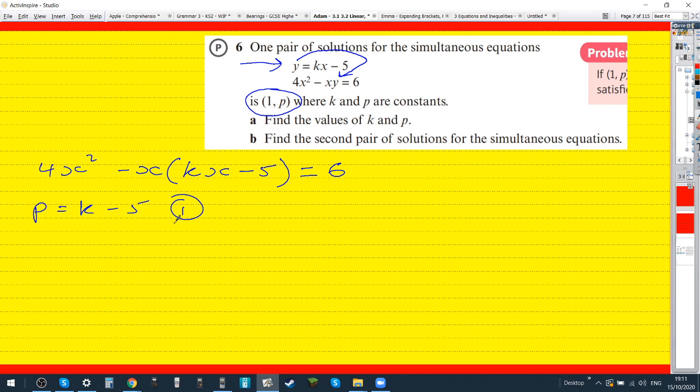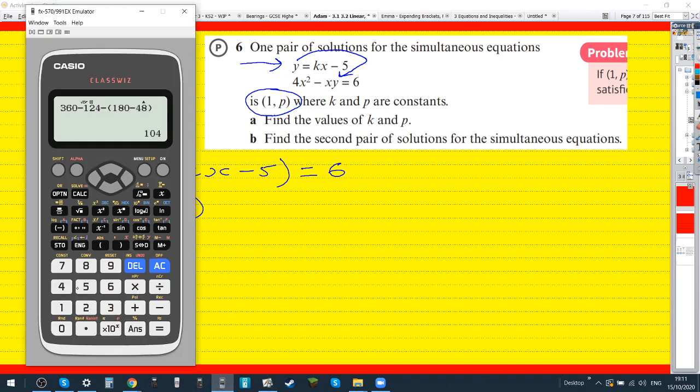Okay. Would it just be 4 squared then? Sorry, 4 times 1 squared. What is 4 times 1 squared? 4. Yeah, BIDMAS, because you do the indices first, don't you?